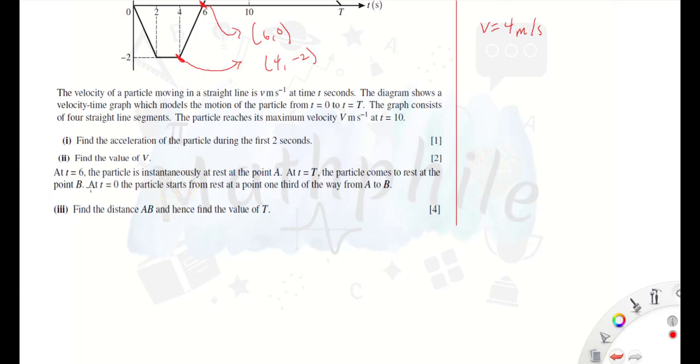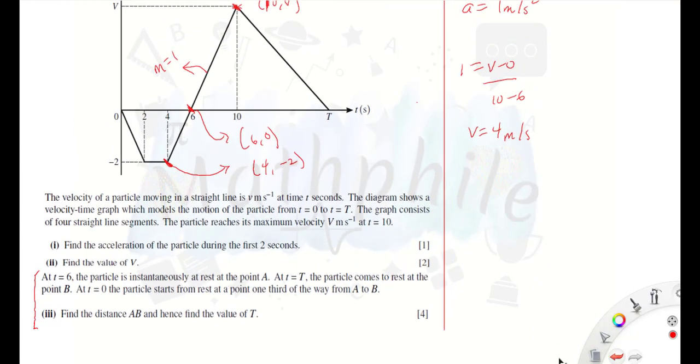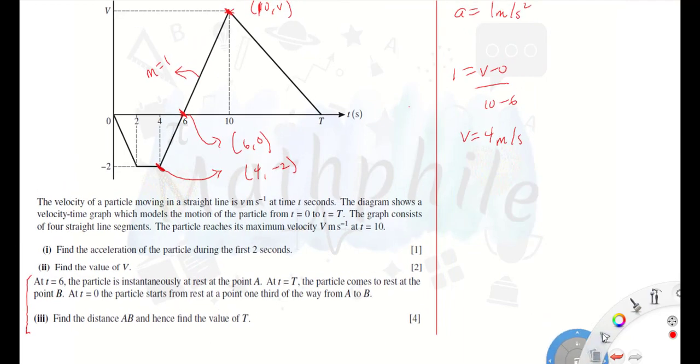The second part of the question: at t is equal to 6, the particle is instantaneously at rest at a point A. At t equal to capital T, the particle comes to rest at the point B. So let me name the parts on the diagram so that it becomes easy for us.